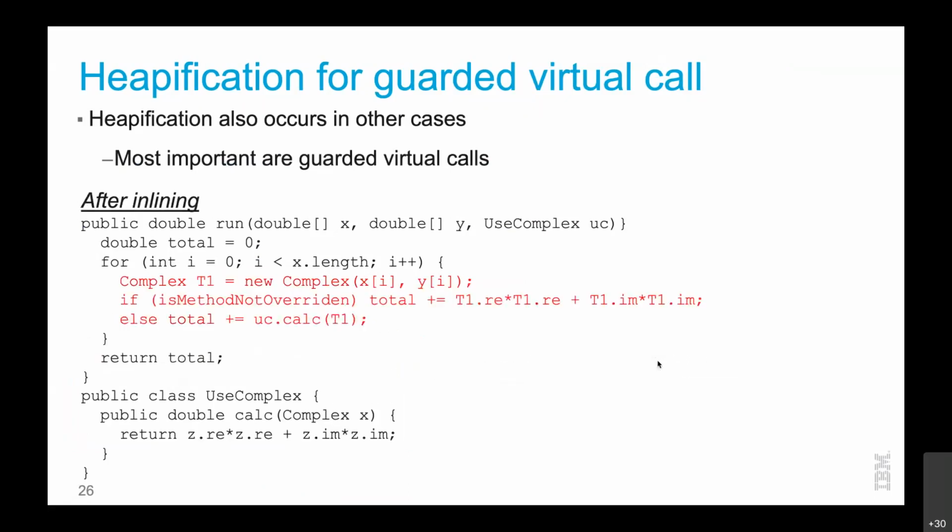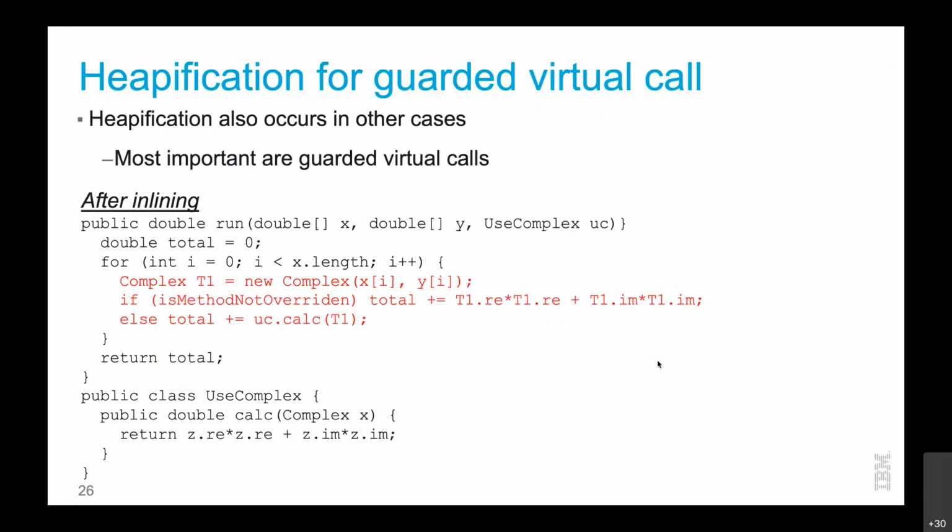What it will do when inlining happens is generate code that looks roughly like this. It checks, has the calc method not been overridden? And if it has not, then it can use an inlined version of that method.